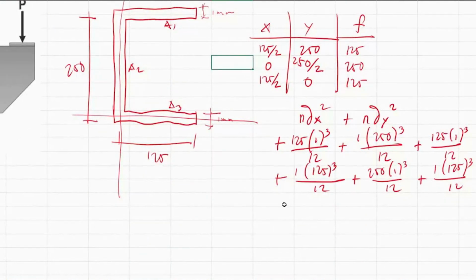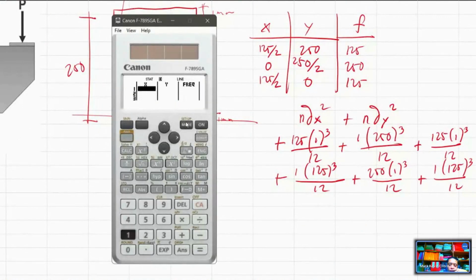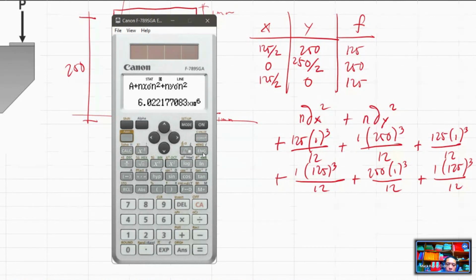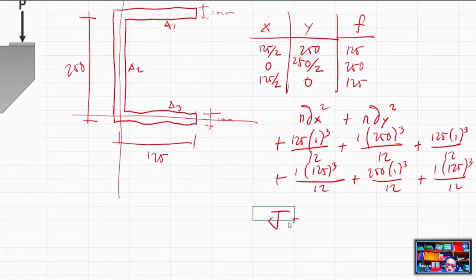What's the result? That is 6.022. So the J, therefore, is equal to 6.022 times 10 raised to 6 mm raised to 4.